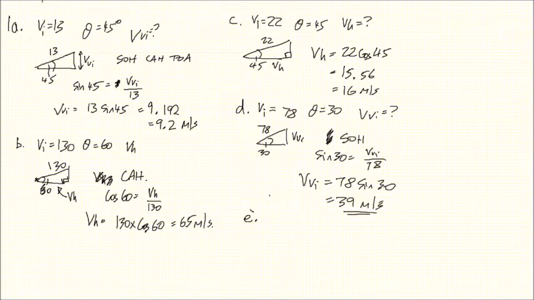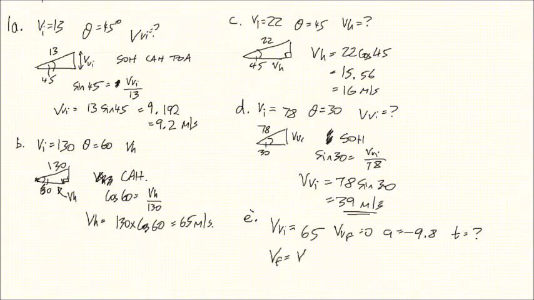E. The initial vertical velocity is 65 meters per second. The final vertical velocity equals 0 meters per second. The acceleration is negative 9.8 meters per second squared. What is t? This is the sort of calculation you do to figure out how long an object takes to get to the top of its flight, to its apex, because VF being 0 is what happens at the apex.